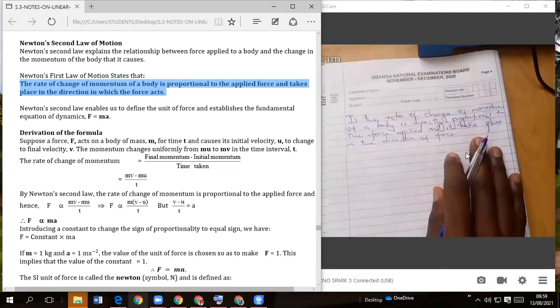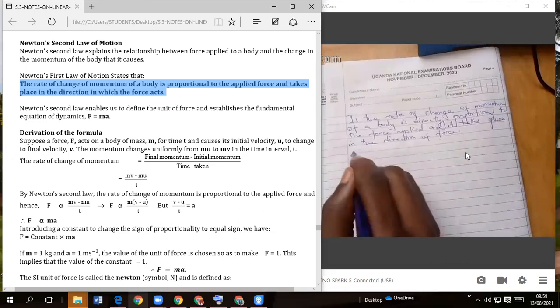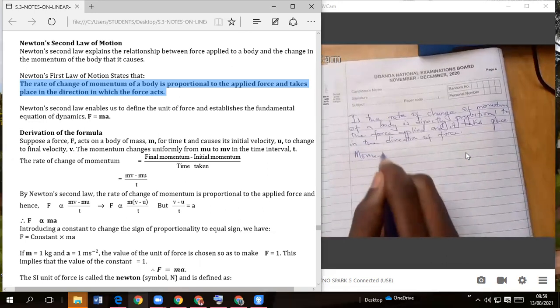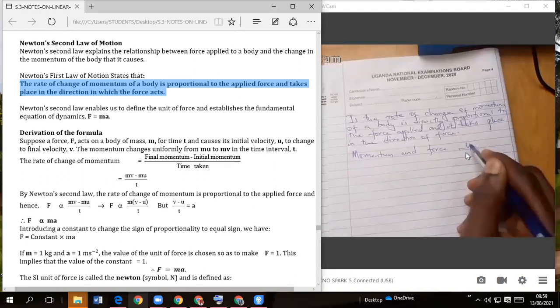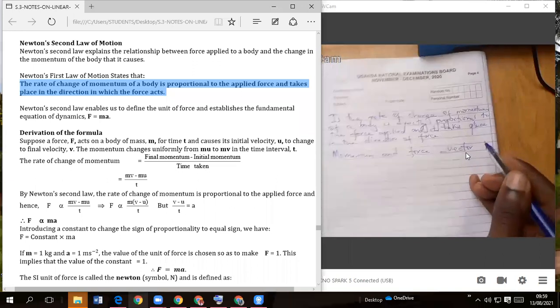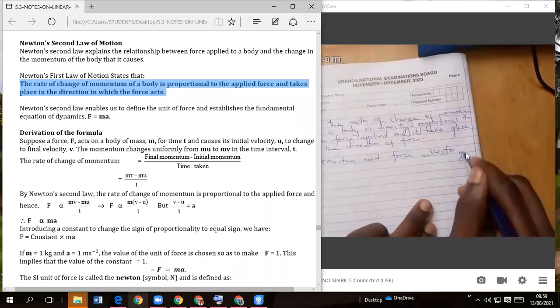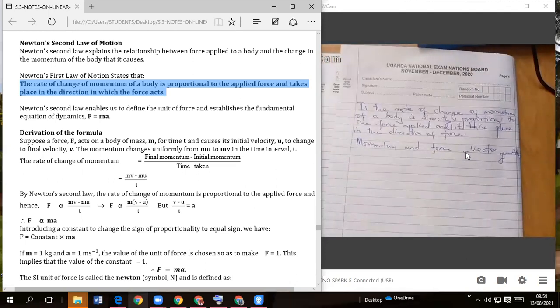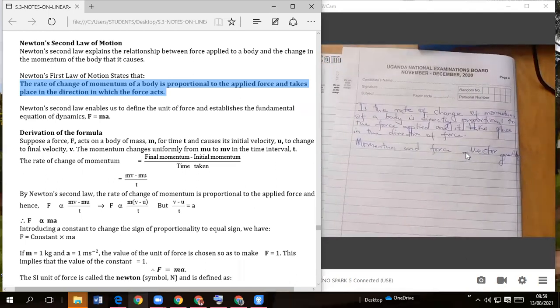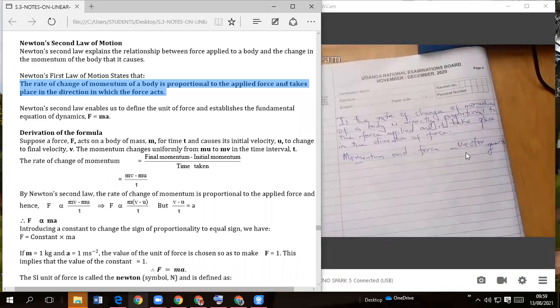Now, remember we are saying momentum and force, all these are vector quantities. We know that vector quantities have both magnitude and direction. Momentum takes the direction of the velocity, right?